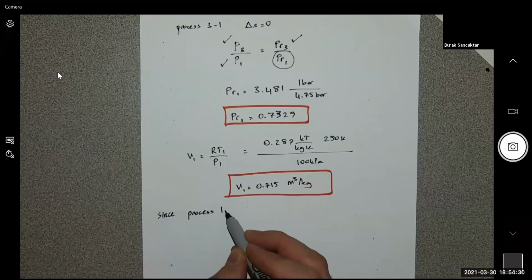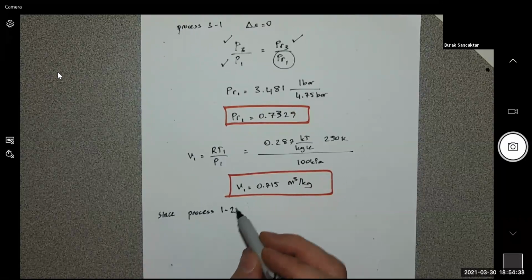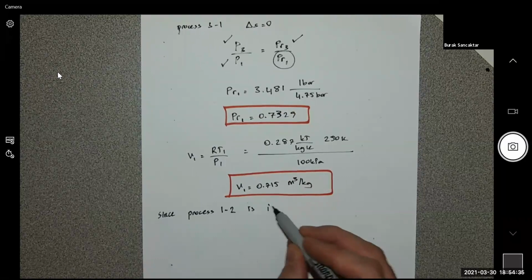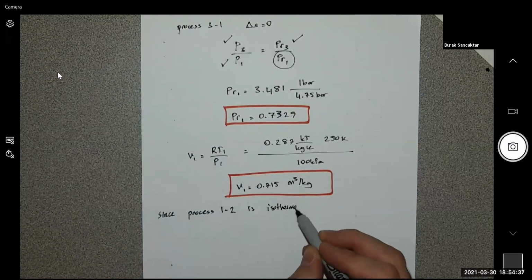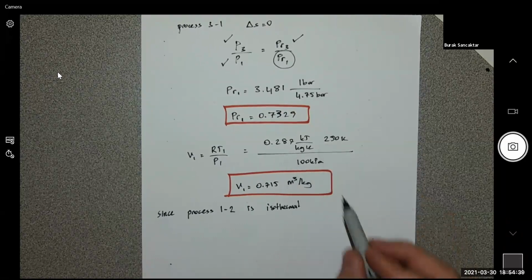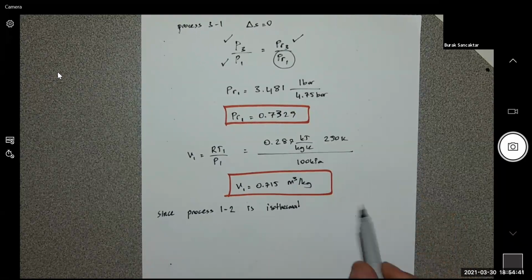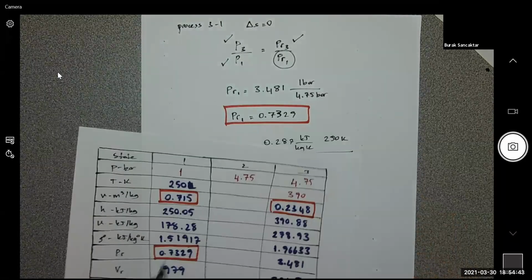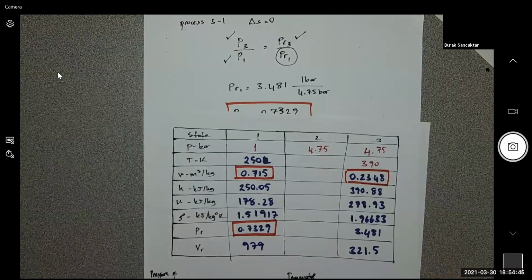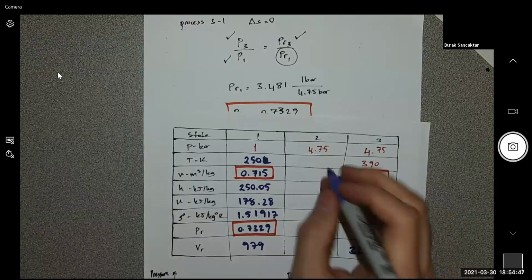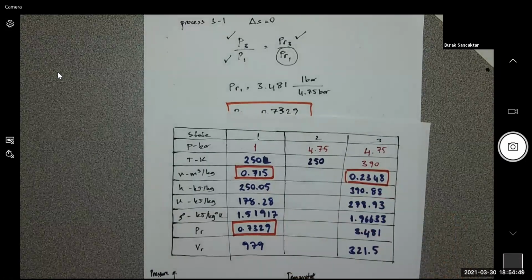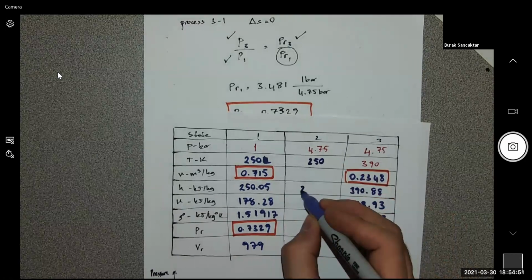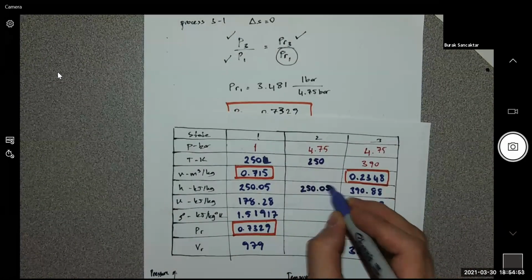Since process 1 to 2 is isothermal, given in the problem, all air table properties can be copied from state 1 to state 2 because temperature is the same, right? 250. Enthalpy is 250.05.